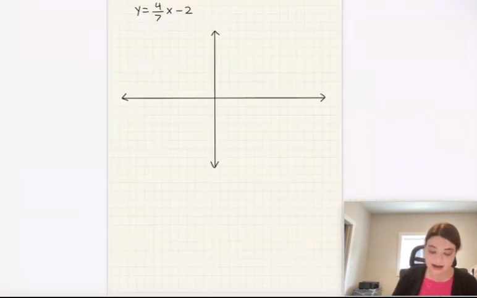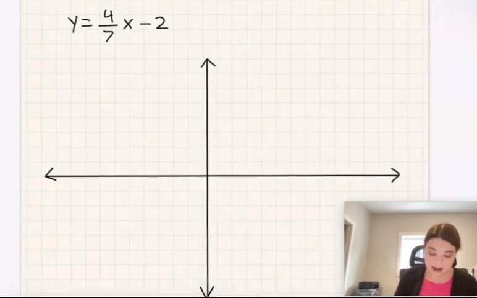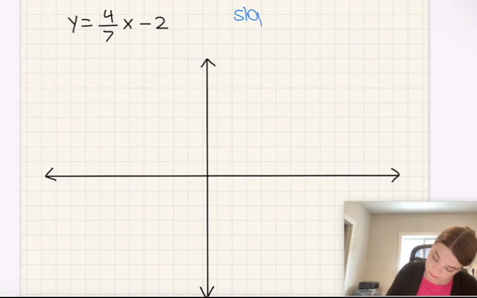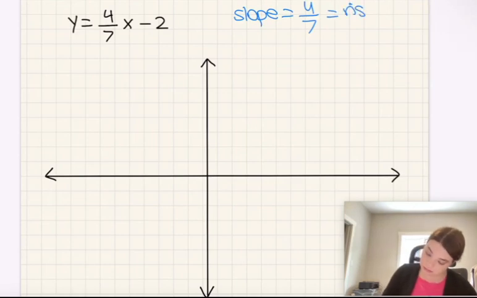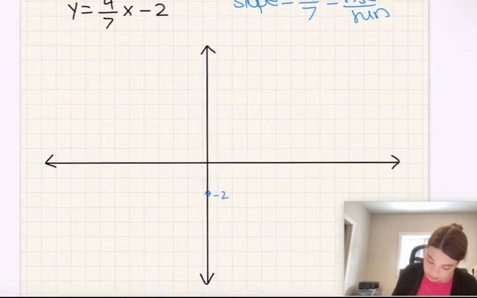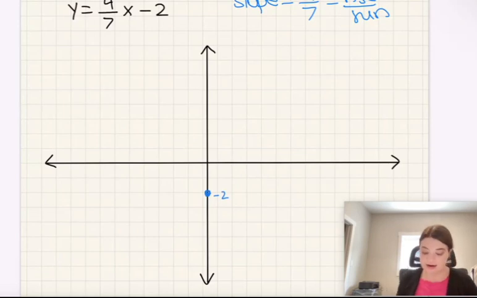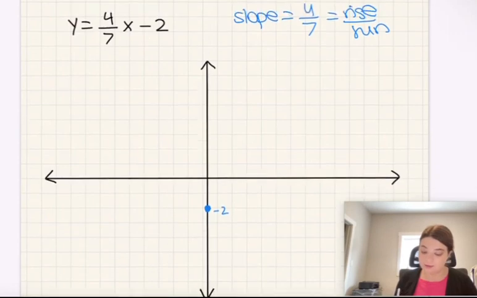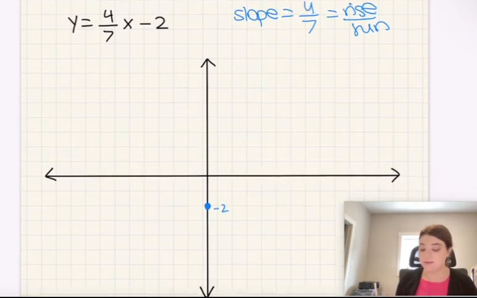All right, and the last one. Here we have a slope of 4/7 and a y-intercept of -2. So my first point is going to be right there at -2. Then I'm going to consider my slope is 4/7, right? That means we're going to go up 4 and to the right 7.